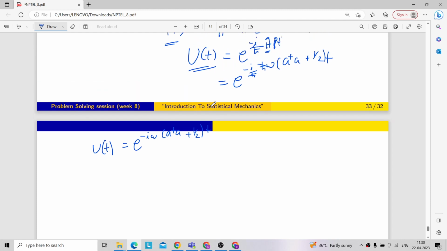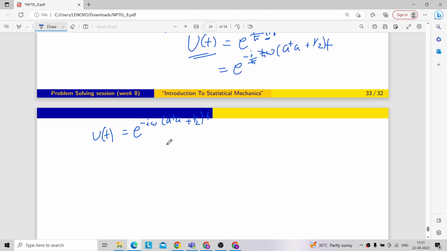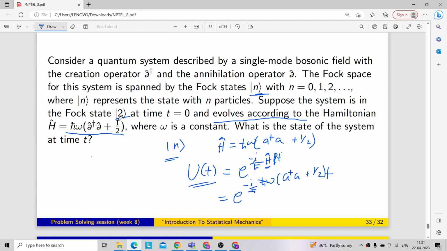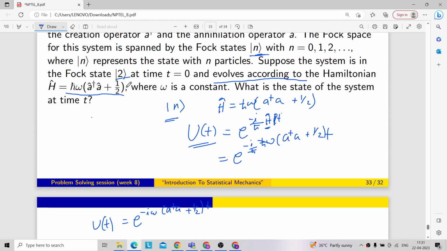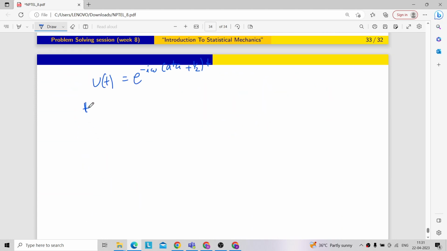So initially the question is that I have to evolve this state 2, right? So at time equal to 0, the initial state was 2. So as time evolves, the state 2 will evolve, and this evolution will be mediated by this unitary operator operating on this state 2, right?